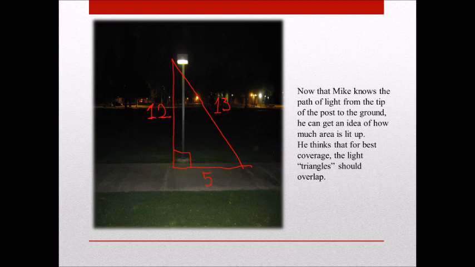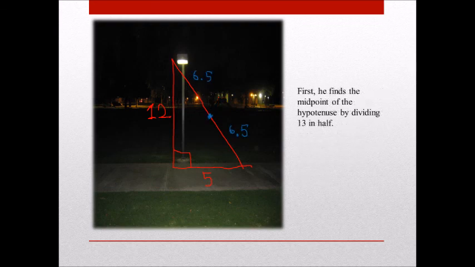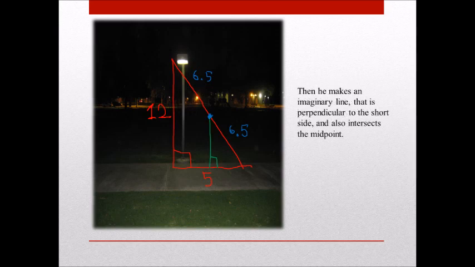Now that Mike knows the path of light from the tip of the post to the ground, he can get an idea of how much area he is lit up. He thinks that for best coverage, the light triangles should overlap. First, he needs to find the midpoint of the hypotenuse by dividing 13 in half. Then he makes an imaginary line that is perpendicular to the short side and also intersects the midpoint.